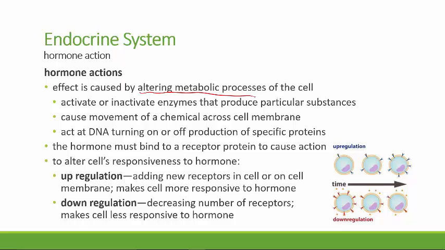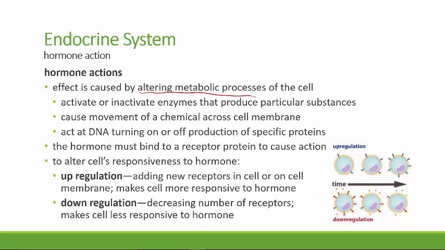So in order for this to happen, the hormone has to bind that receptor that makes the cell the target cell. And the body can also alter how sensitive a cell can be to hormones through what's called up and down regulation.